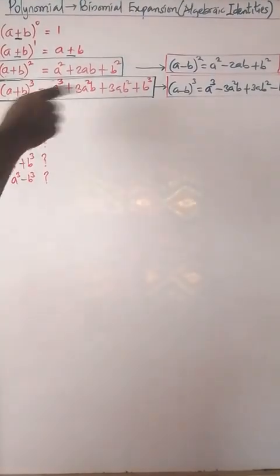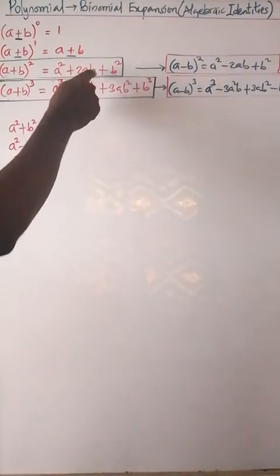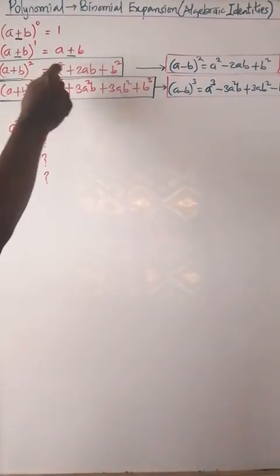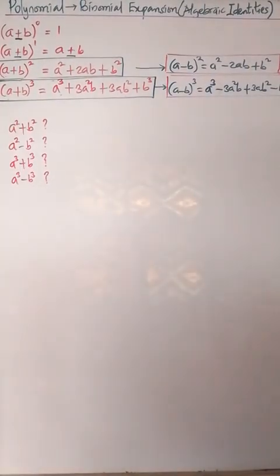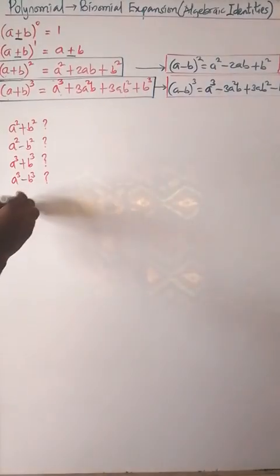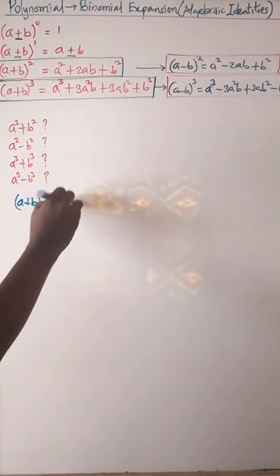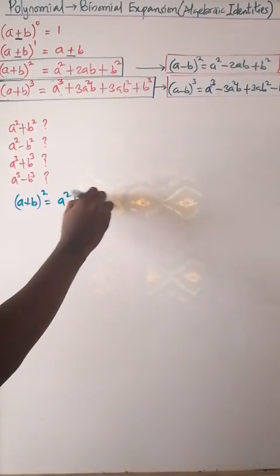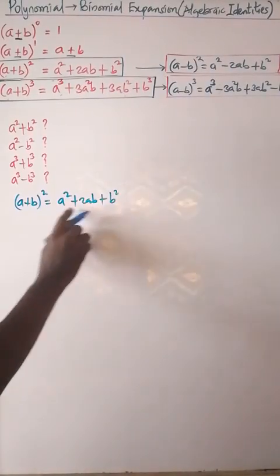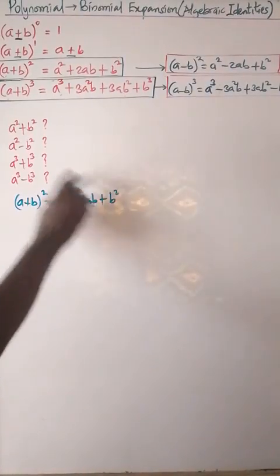When you check from this place, here we have a squared, we have b squared. If we can remove these 2ab, we will have only a squared and b squared. So we can say (a + b) all squared equals a squared plus 2ab plus b squared. Let's make this a squared plus b squared stand alone and bring the 2ab to the other side.